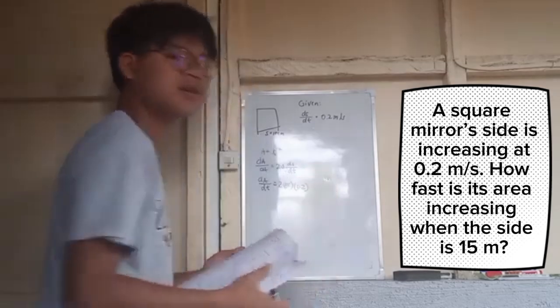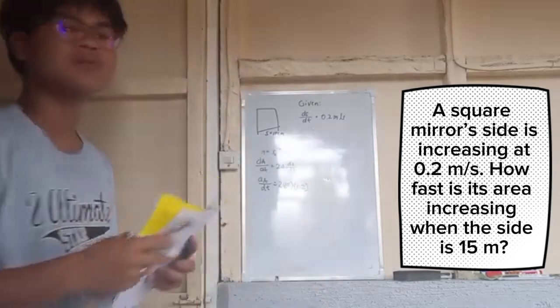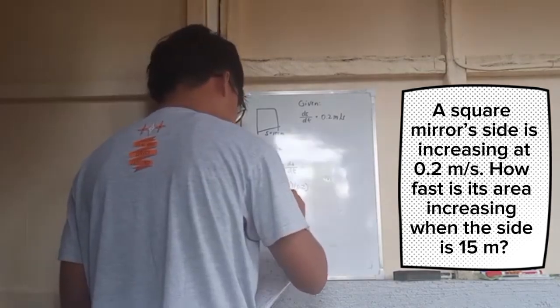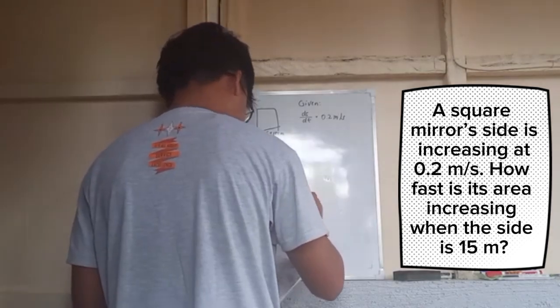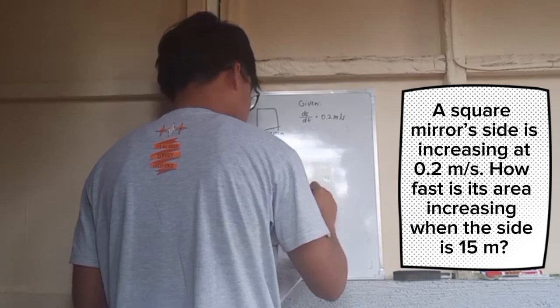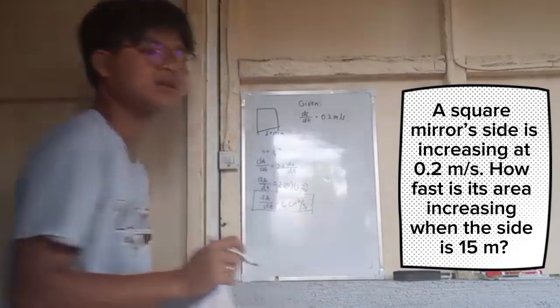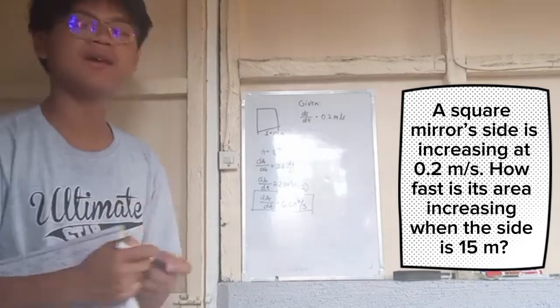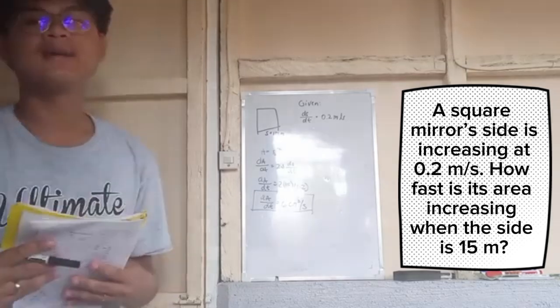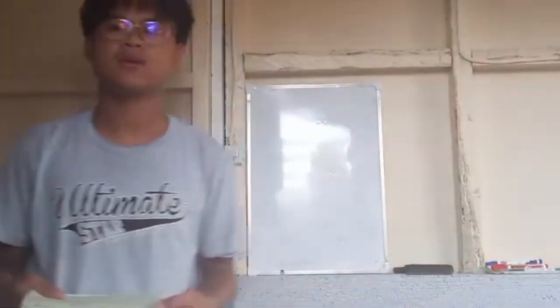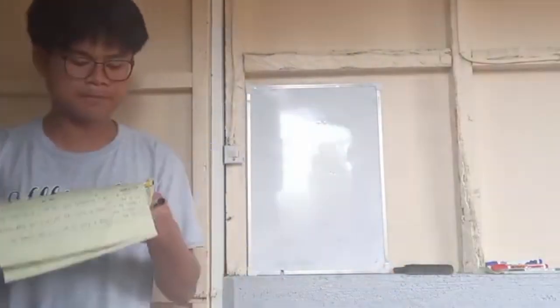Now that you have substituted the values, calculate, and you will get the value of 6 centimeters squared per second. So now we have the final answer of the rate of the area of the square. So we'll proceed to the next problem.